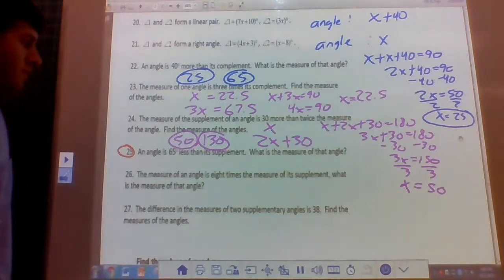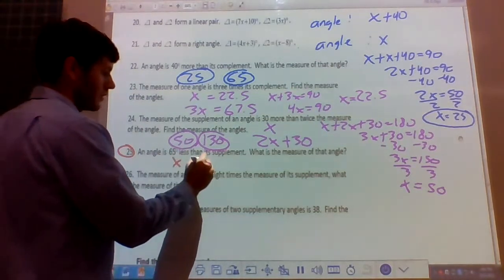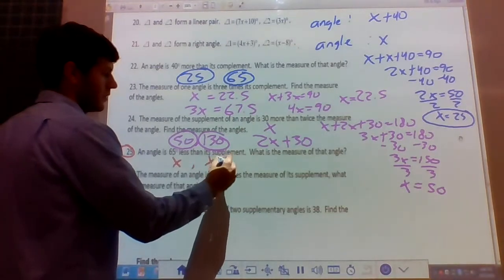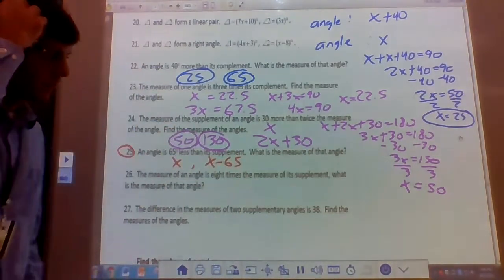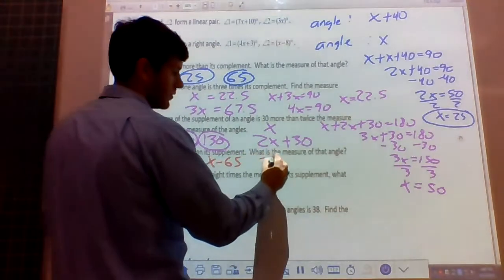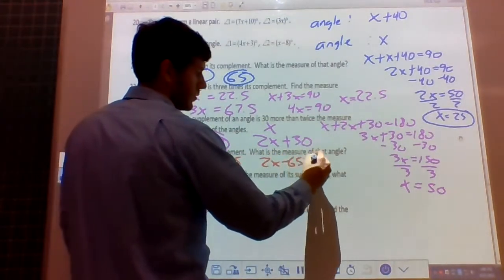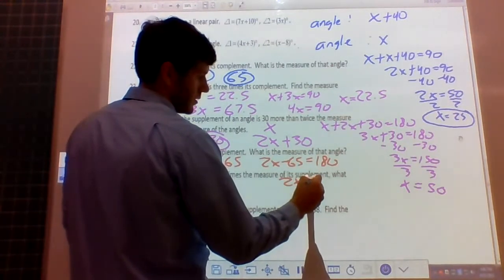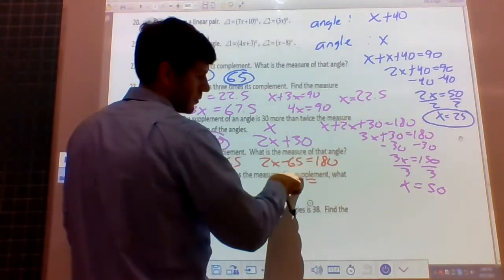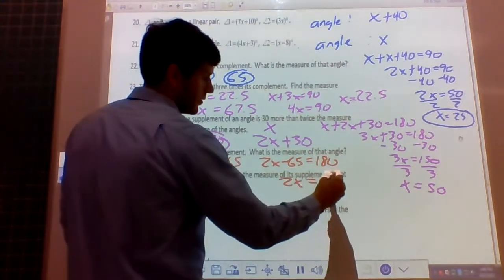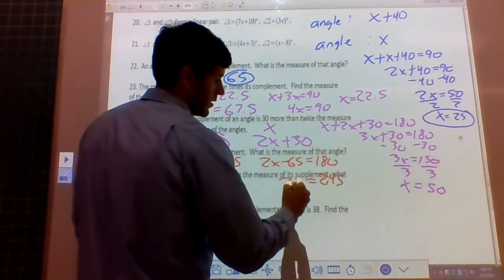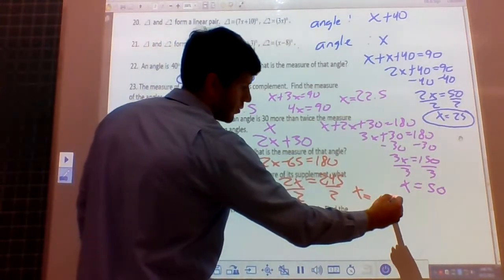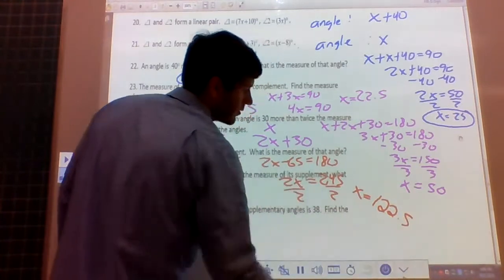Angle is 65 less than a supplement. So again, that's going to be x, and then x minus 65. So you're going to end up with 2x minus 65 equals 180. So 2x equals, plus 65 to both sides, that's going to be 245. You divide by 2. X is going to be 122.5.